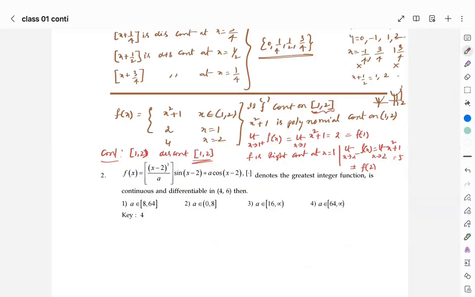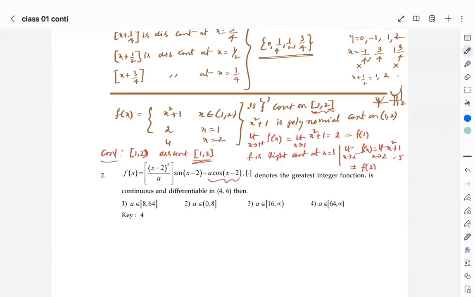Here you have another question: continuous and differentiable. What he is asking is the range of a where it is continuous. By seeing the question, what are the functions involved?